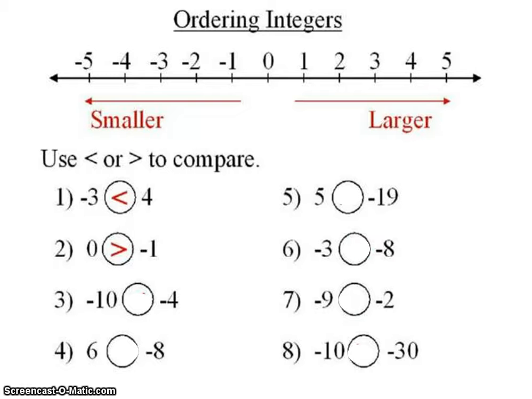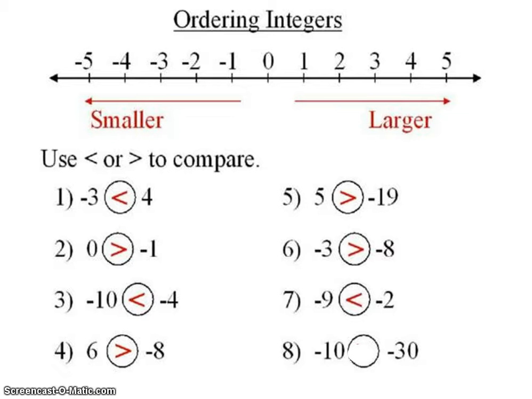So -4 versus -10, well, it'd be -4 because it's to the right on a number line. 6 to -8, 6 is to the right of -8 on a number line. 5 is to the right. -3 is to the right of -8 on a number line. Remember, they're backwards because they're integers.